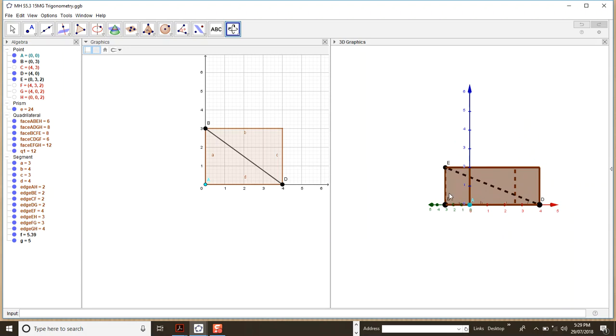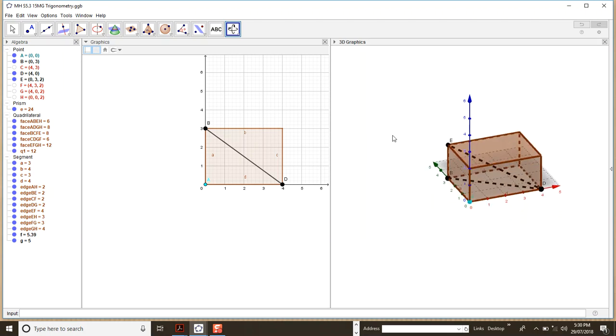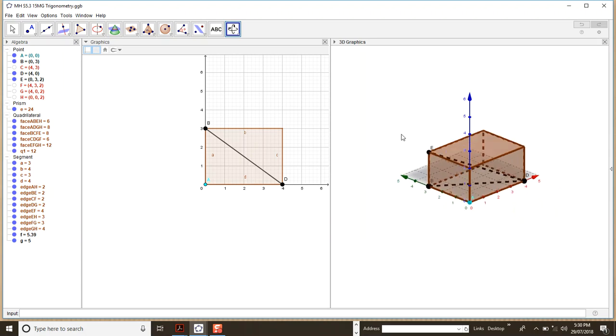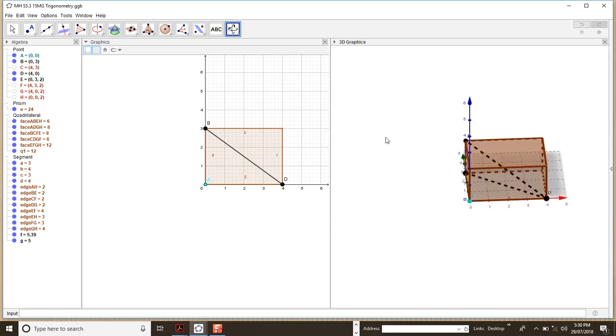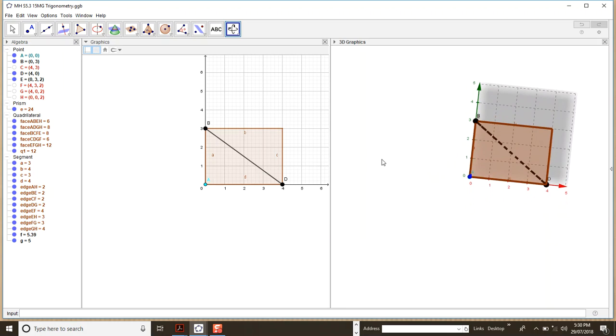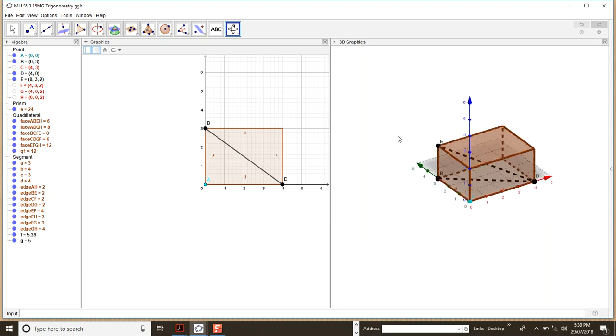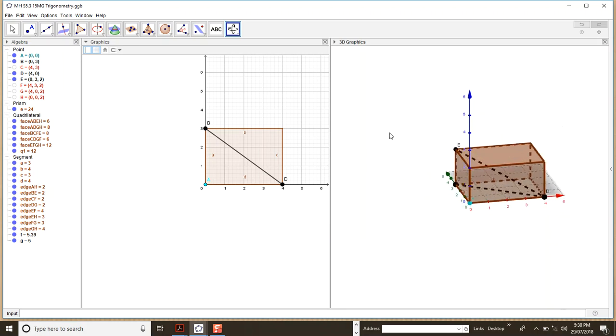So this distance, which is 2, and the distance that we calculate, this distance here, makes our right angle triangle. So it's good to be able to see that, and it can be confusing for some students. So hopefully this 3D model will help you. Using a box might be helpful as well, like a shoebox.